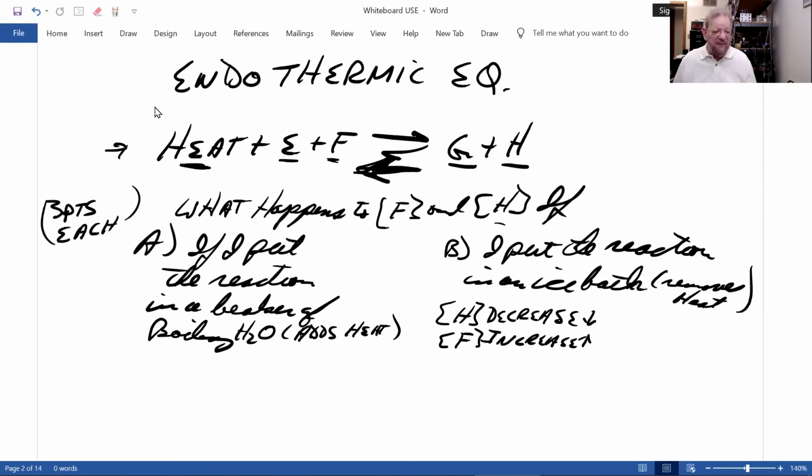You've got to learn that. But let's look at the new one. Your turn. What happens to the concentration of F and H for the endothermic equilibrium if I put the reaction in a beaker of boiling water?